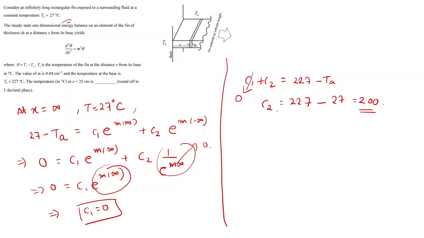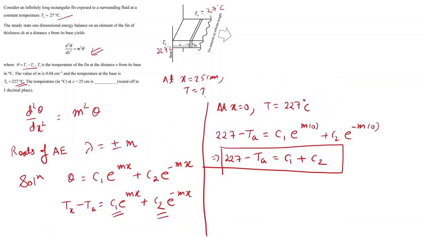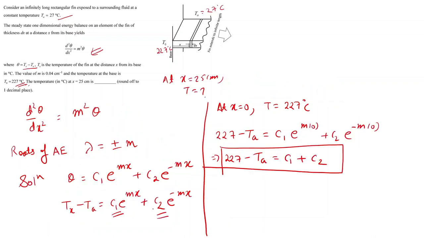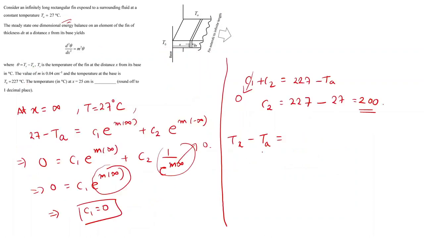Now we will put the values of C1 and C2 in our temperature difference equation. So this is Tx minus Ta is equal to C1, which we found as 0, so 0 plus 200 into e raised to minus mx.